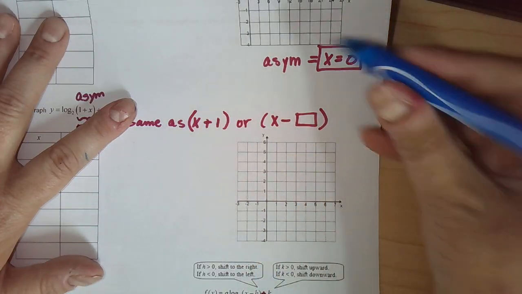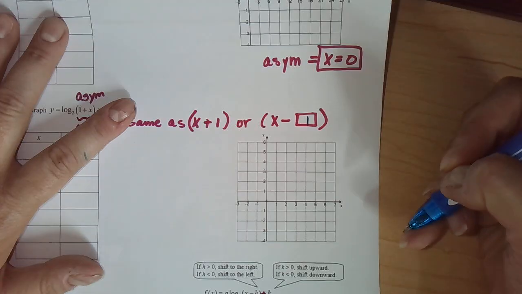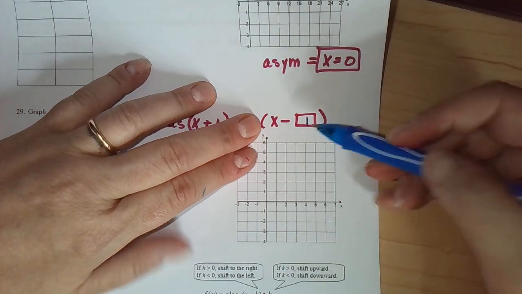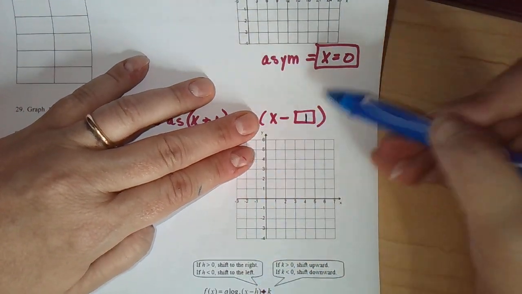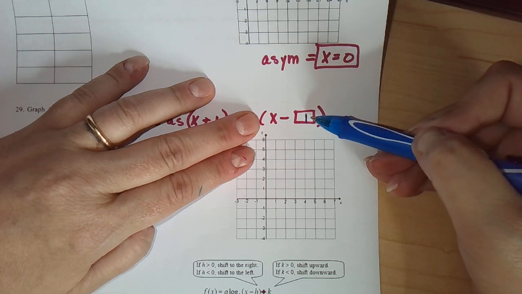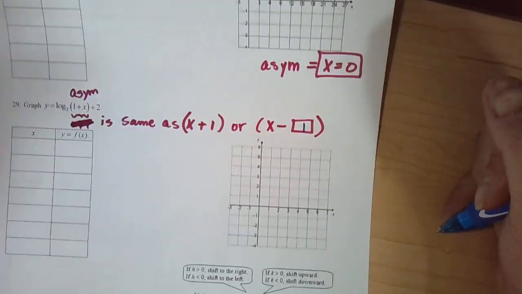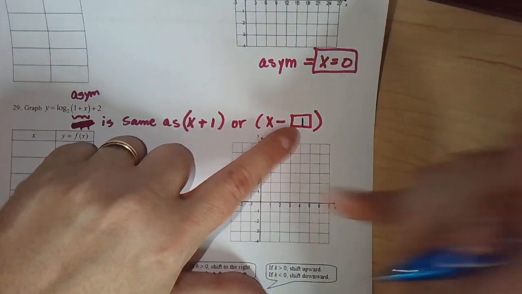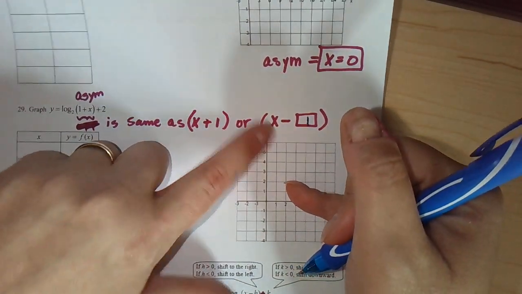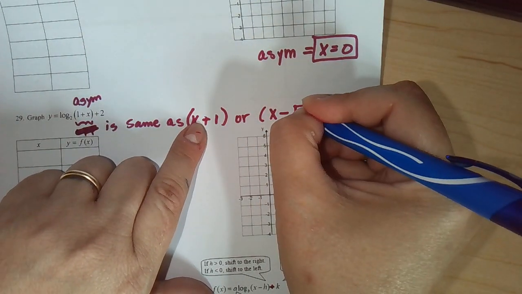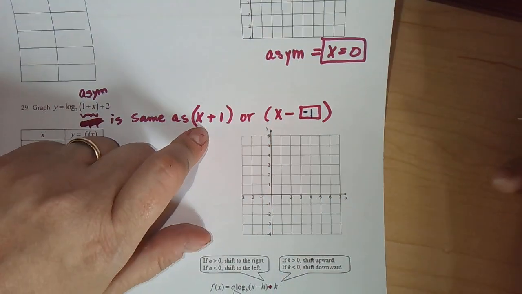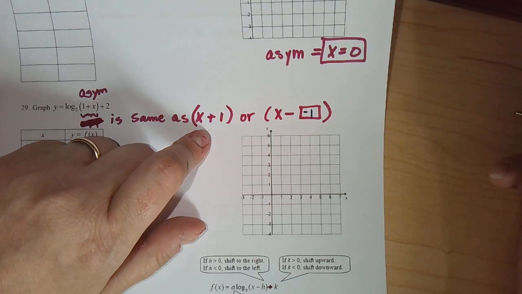Right now, if I just put a 1, it looks like x minus 1. That would be h bigger than 0, and I would shift to the right. But these two aren't the same. To get this +1, I have to put an extra -1. What? Yeah.